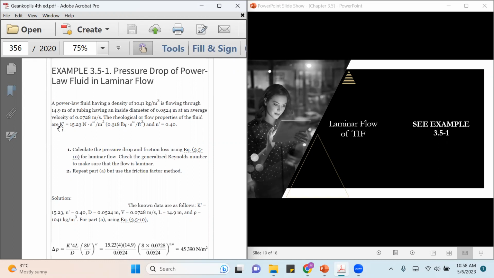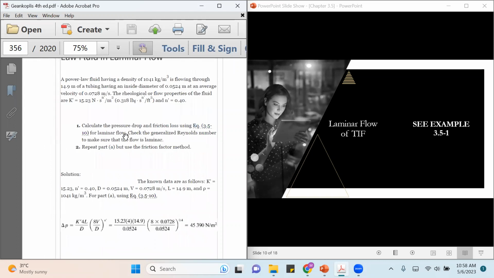We know the K and n. Then we are asked to calculate the pressure drop and friction loss using equation 10 for laminar flow, and to check whether the Reynolds number shows that it is indeed laminar flow.